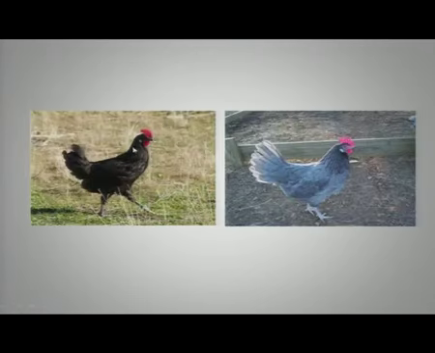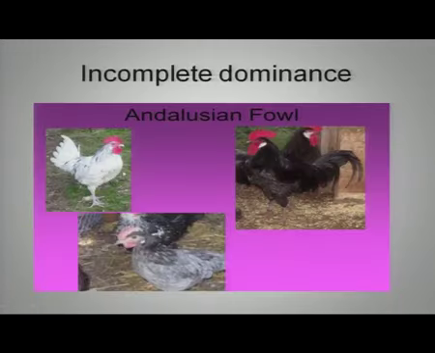You can see here the black one and this is the blue one, intermediate F1 progeny. Here you can see the cross, black crossed with the white one, we will get the blue colored progenies in the F1.